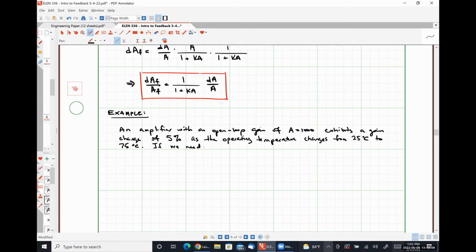If we need to constrain the change to 0.1% using negative feedback, what is the largest closed loop gain we can achieve?